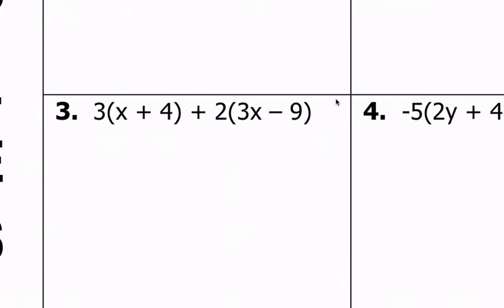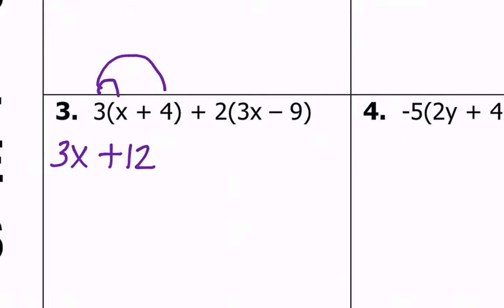All right, let's get after that. First, 3 times x. Remember, when you have a number and a variable multiplying together, it just sticks together. So 3 times x is 3x. Now I'm going to take this 3 and multiply it by this +4. 3 times 4 is 12, so I put +12.